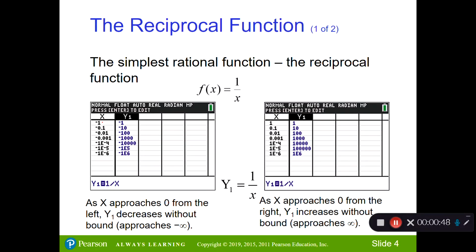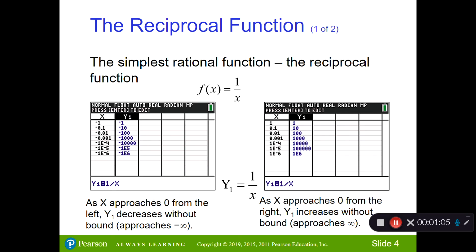Near 0, I would be plugging in very small numbers like 0.1, 0.01, 0.001, and I see that these y's get bigger negative values when the x is negative and bigger positive values when the x is positive.